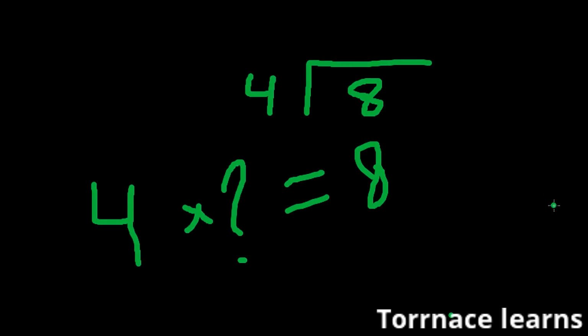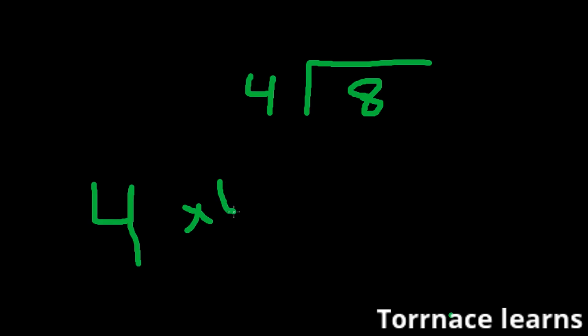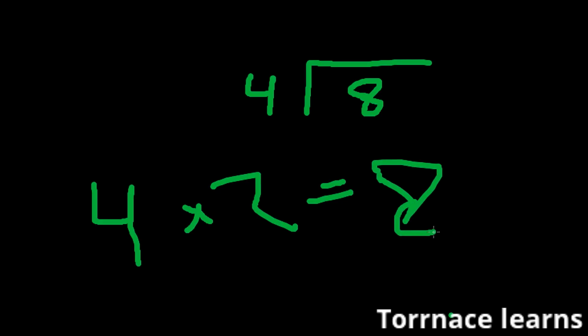So 8 divided by 4 is equal to that something. If you look at your multiplication chart, you should be able to see that 4 times 2 is 8, and that's what you should have got.